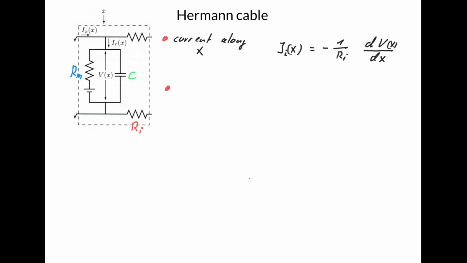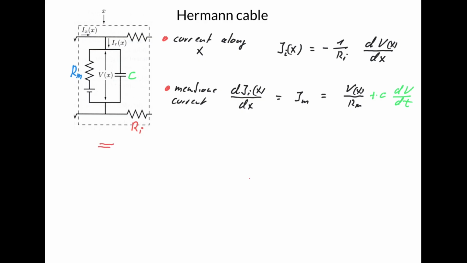It's only that the membrane current now also gets a capacitive part, where the gradient of the current in the x direction, dI/dx, is equal to V divided by Rm plus the capacitance times dV/dt.